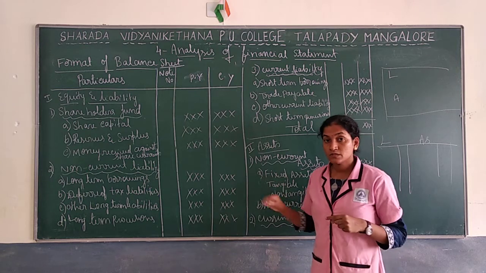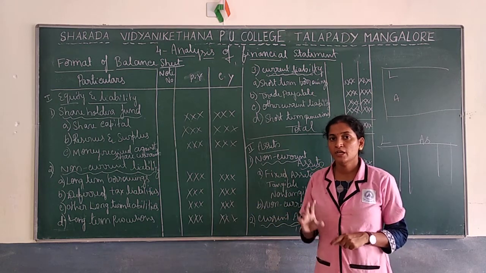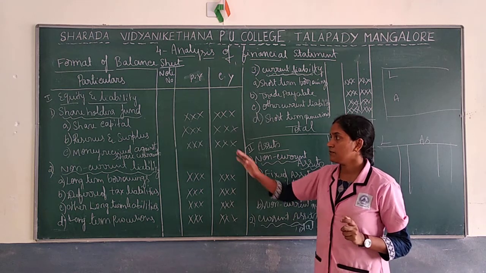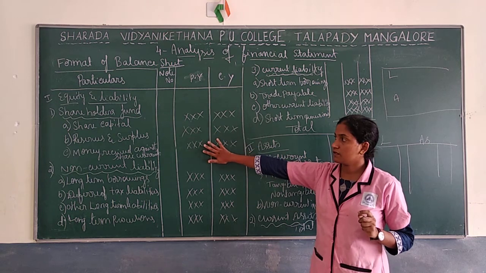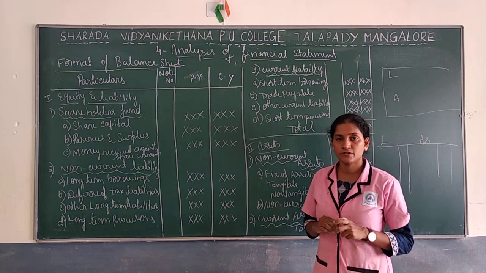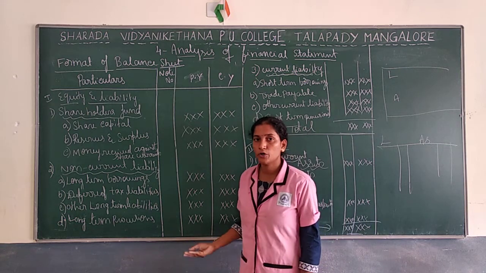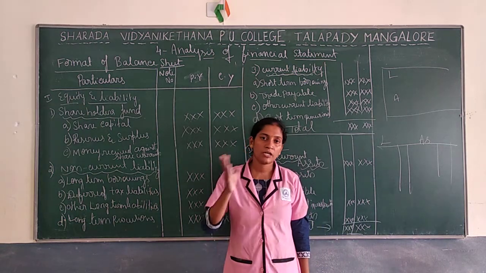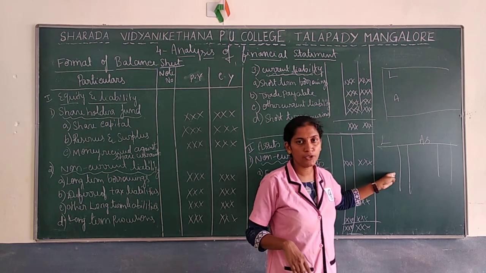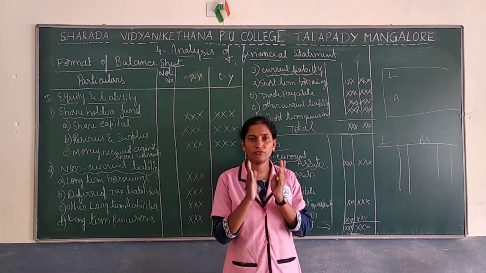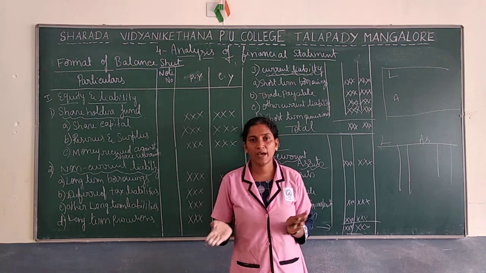But this kind of question will be asked for 12 marks, students. For the 12 marks, you need to compulsorily write the proper format. That is why I have written the format of the balance sheet, which is very, very important. And this kind of format is followed in company accounts. Earlier, in the preparation of the balance sheet, we had asset and liability columns where we used to write the amounts.